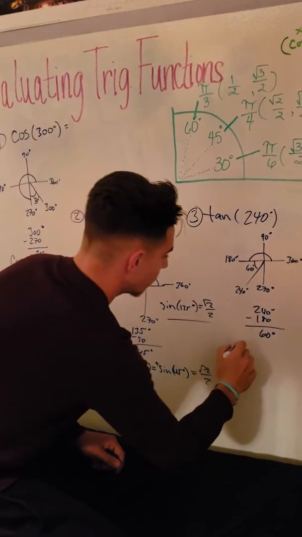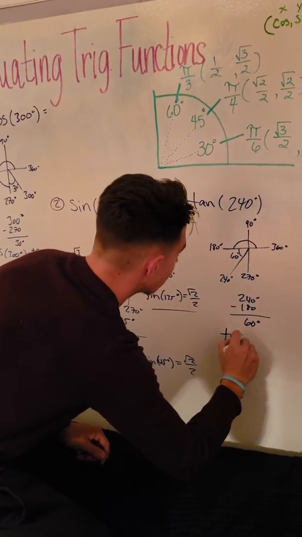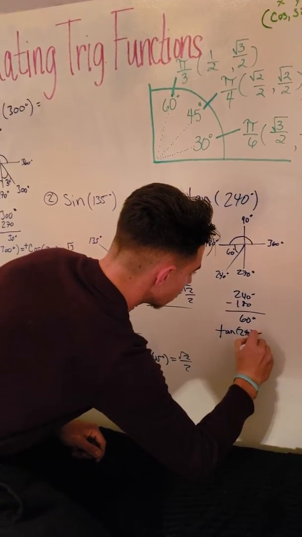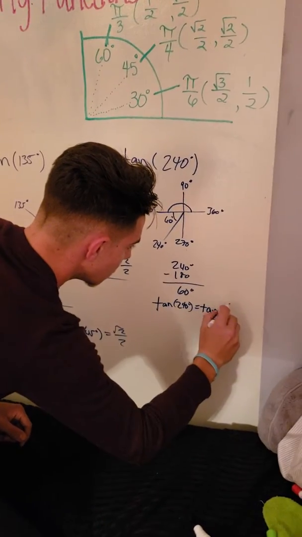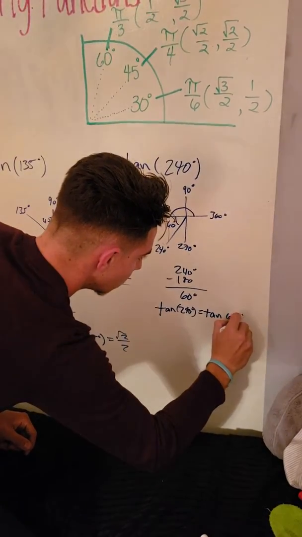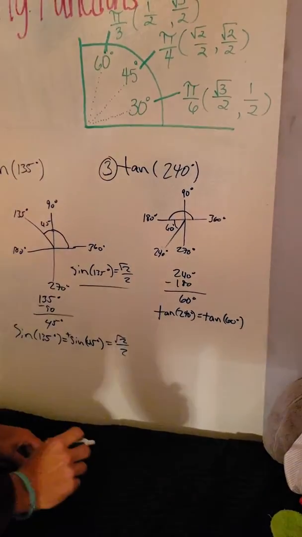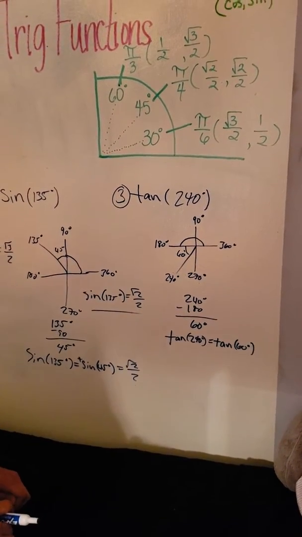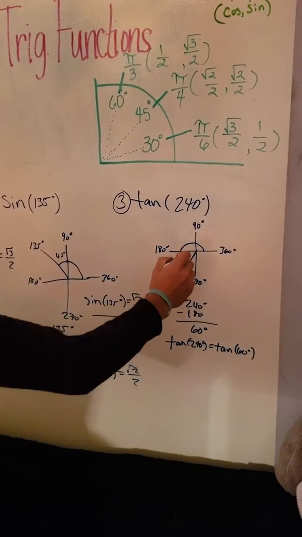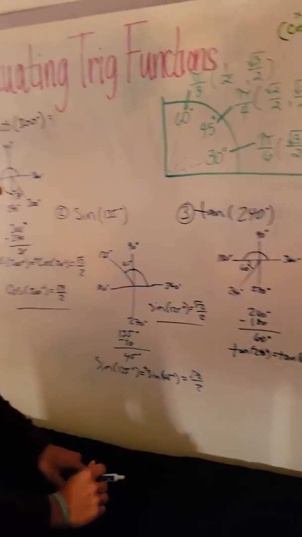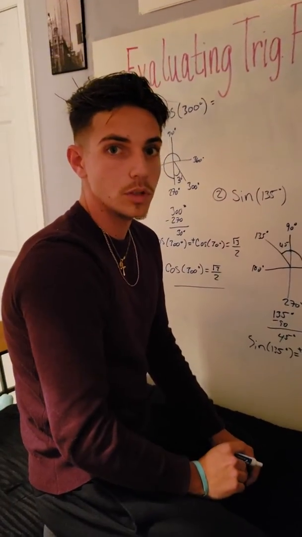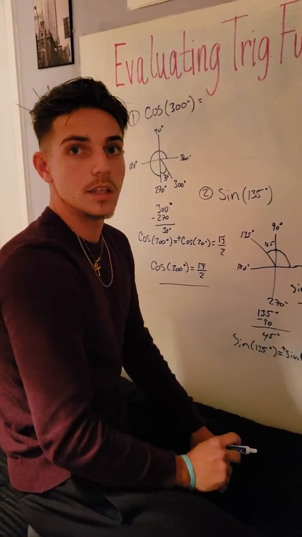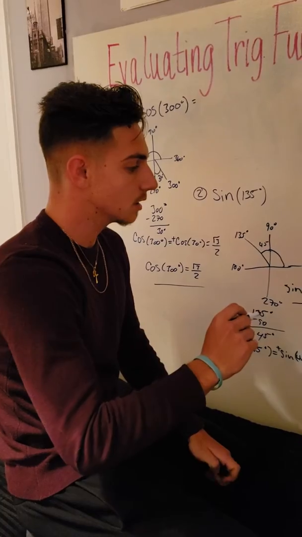So from that, we know that the tangent of 240 degrees equals the tangent of 60 degrees. And in order to determine the sign, whether it's positive or negative, we know that in the third quadrant, x and y values are both negative, and we are going to be dividing the y by the x.